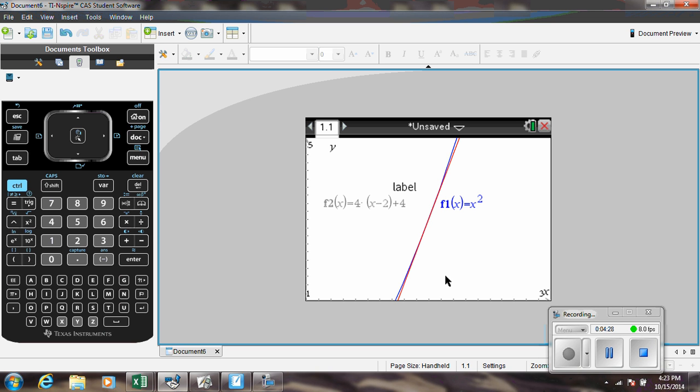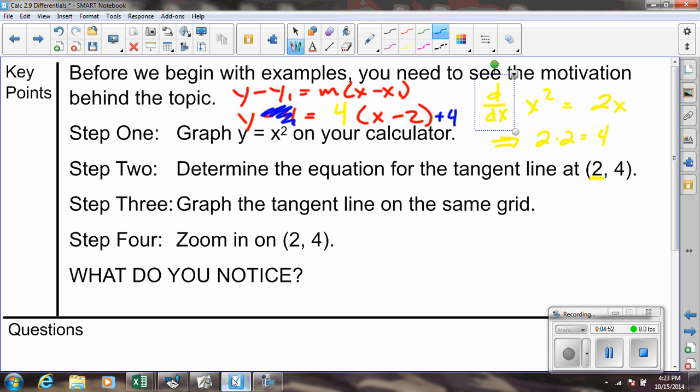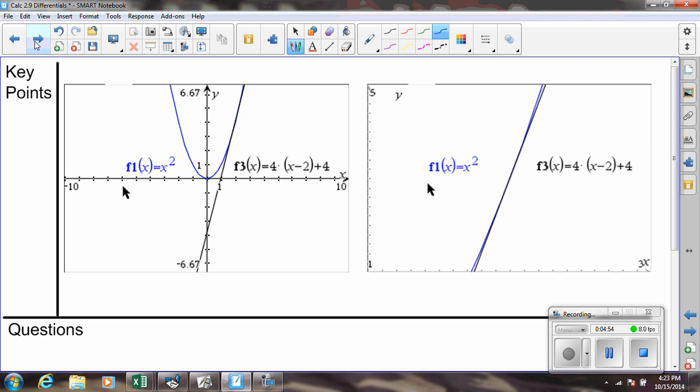But for the vast majority of what we're looking at in this window, our graphs look basically like they are the exact same thing. We know, of course, that they're not. If we were to zoom in really, really close, we would be able to see the differences because they're only intersecting at the single tangent point (2, 4). But our observation is still valid.